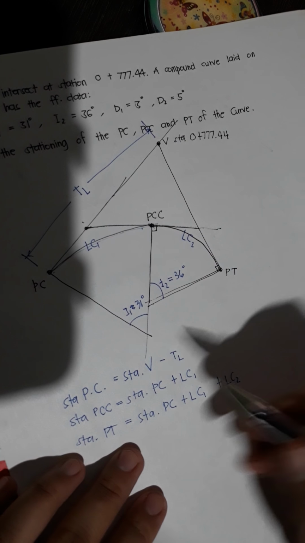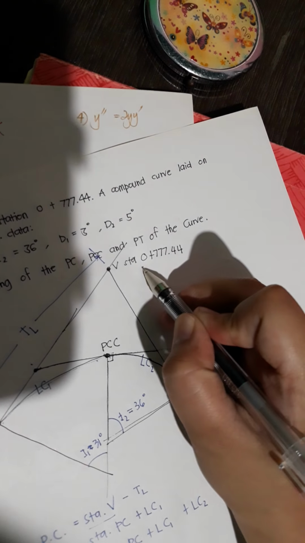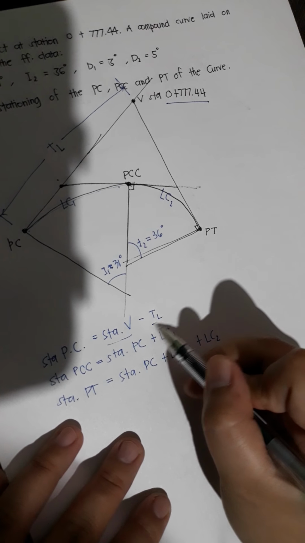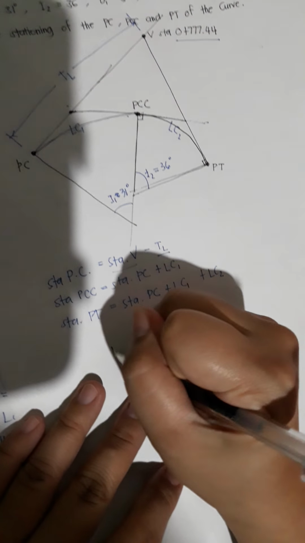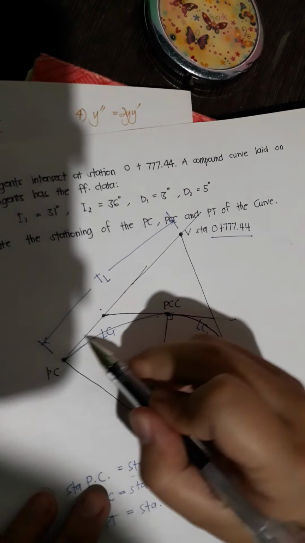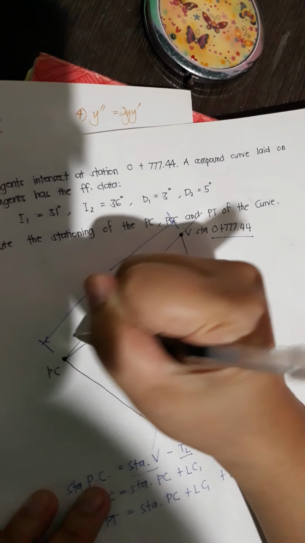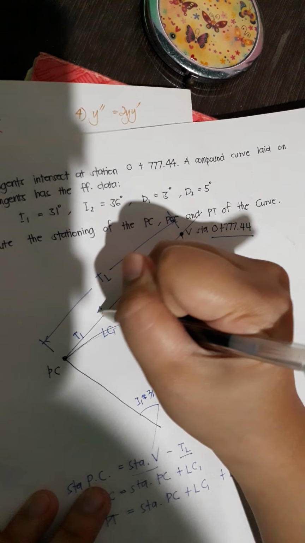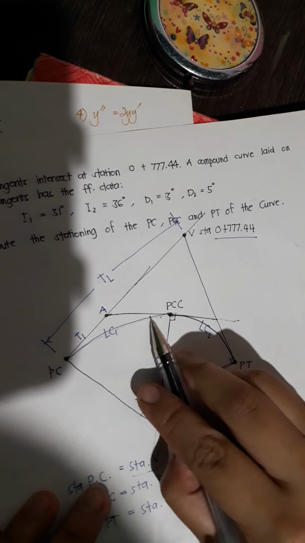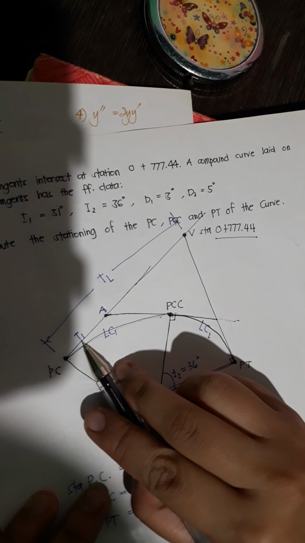We already have station V, which is given to be 0 plus 777.44, but we don't have TL. But we know that for TL, for this first simple curve, this is T1, and this is the first point of intersection for the first simple curve. So we have T1 plus AV distance.